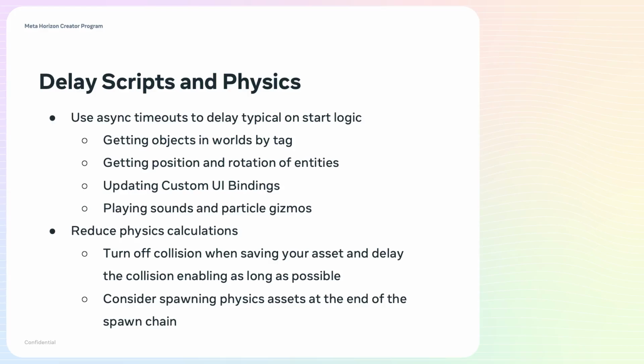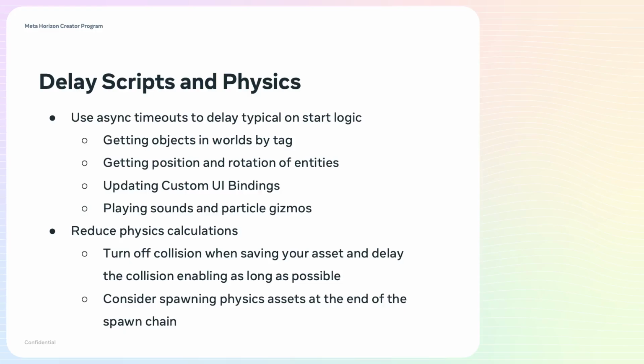Now you could consider setting simulated to false on start, but then you're running into the whole dilemma with starting a script after a spawn. That might not be as costly if it's just a couple items, but if you've got several physics items spawning in and they all are setting their simulated to false, and then eventually going to true, that might be a whole new impact that you weren't expecting.